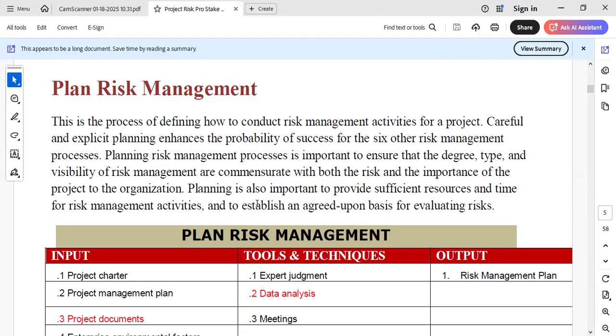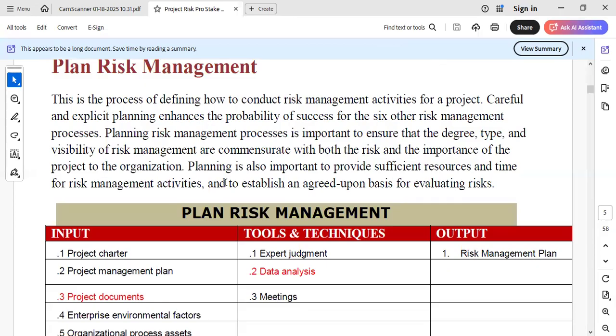And this area is very important, because it brings in visibility. So what do we need? If we have to come up with our project risk management plan, what do we need?